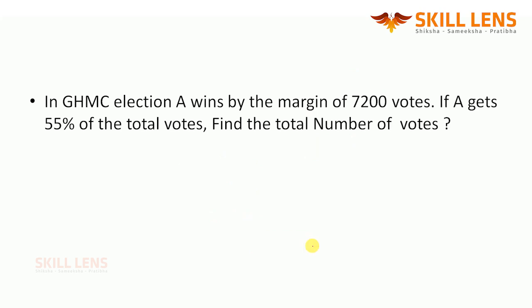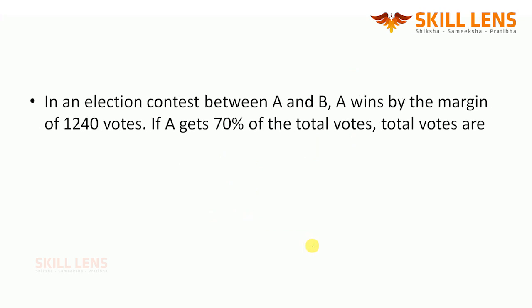Let's go to the next similar kind of question. In an election, there are two candidates A and B. A wins by a margin of 1240. If A gets 70% of the total votes, then the total votes are how much?